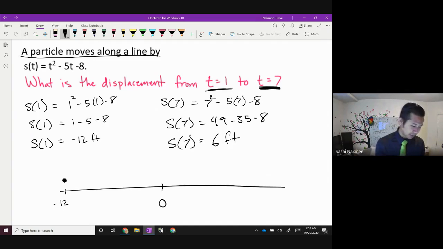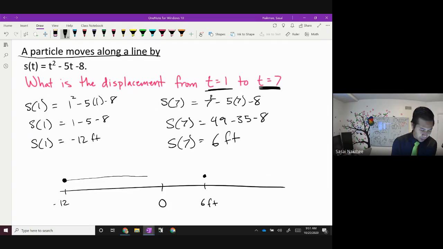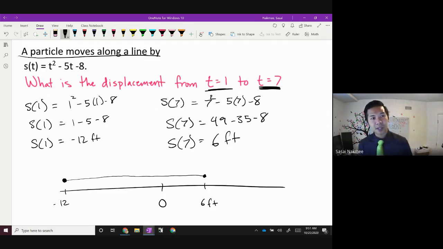After 7 seconds, he's standing over here at 6 feet. When I'm asking for the displacement, I'm just asking for this distance from here to here. I'm not asking how far he traveled, the total distance that he's traveled. I'm just asking what's the displacement, and you simply subtract the two.